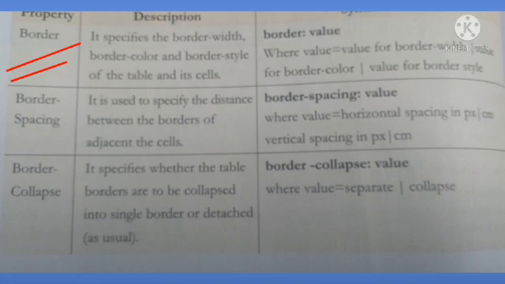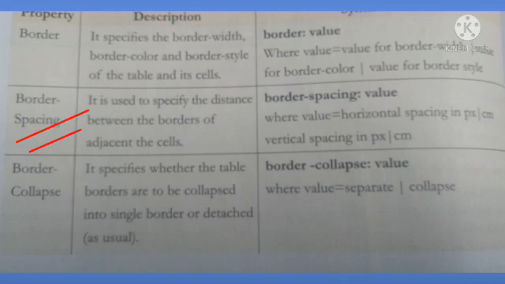and its syntax is border: value, where value is the value for border width, border color, border style, etc. And the second one is border-spacing, which is used to specify the distance between the borders of adjacent cells, and its syntax is border-spacing: value, where value is equal to horizontal spacing in pixels or centimeters and vertical spacing in pixels or centimeters.